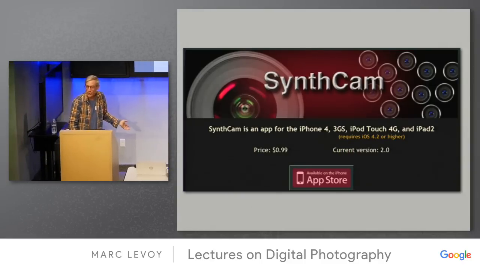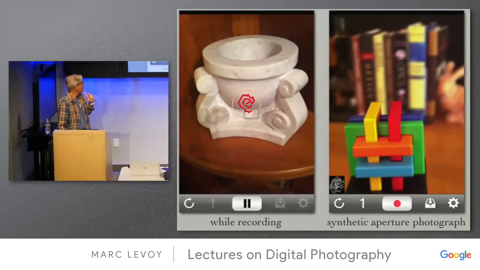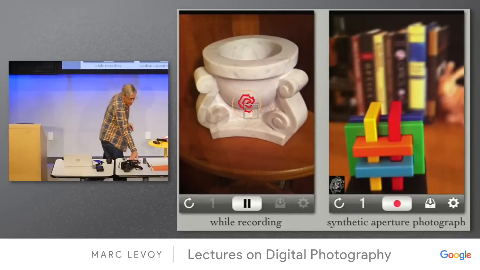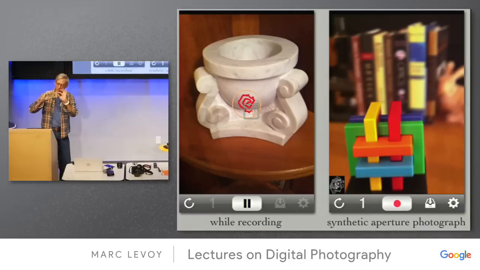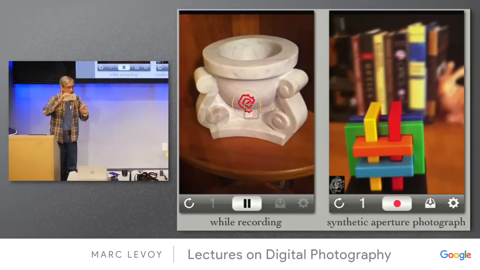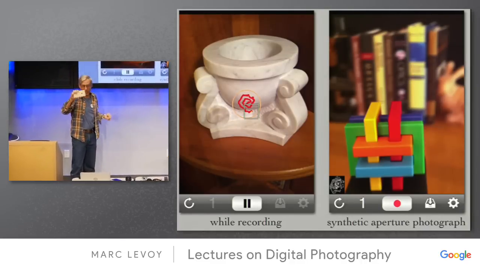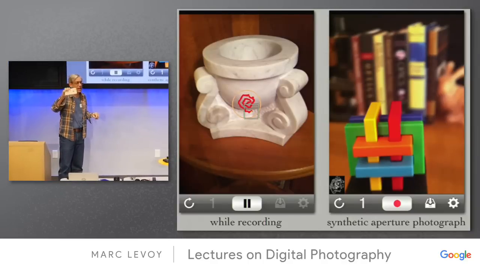Here's another version of the same idea of a synthetic large aperture. It's an app I wrote before joining Google, where I would take an iPhone and move it like this. So I could take the little tiny aperture here and simulate, you can see the way I'm recording, simulate by aligning and averaging all those images, a large aperture.